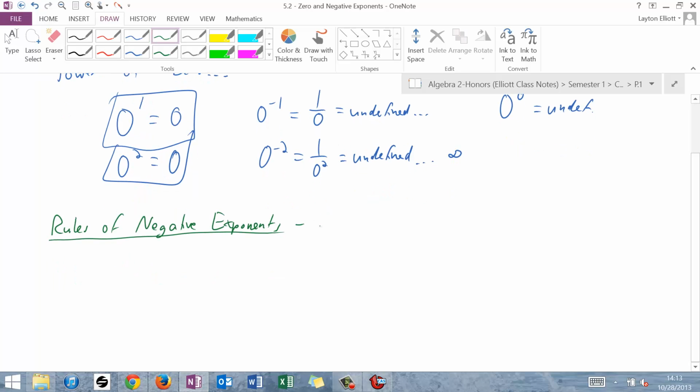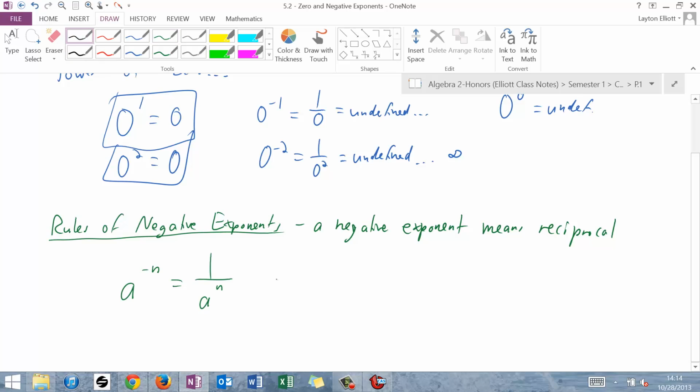I simplify this to say that a negative exponent means nothing more than the reciprocal. Negative exponent means reciprocal. So the rule is that if I have a to a negative power, that's the same thing as 1 over a to that power.